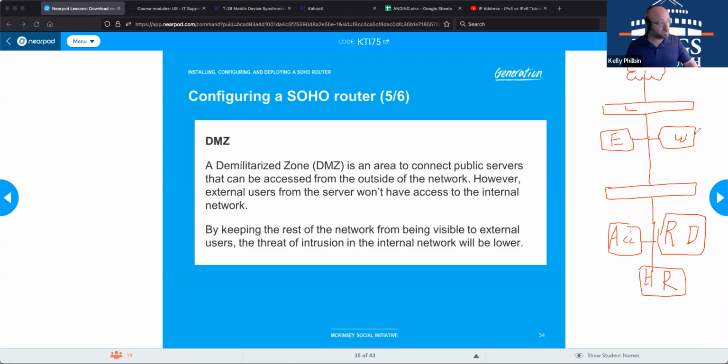But even though you're allowing them access to this, you'd have a much more robust firewall here that would protect stuff like your accounting, your HR documentation, your research and development, all that really important stuff that's proprietary to your business. You want all that stuff really secure, but maybe your customers need to have some minimal access, or outside salespeople. So this area between the two firewalls is called the DMZ.